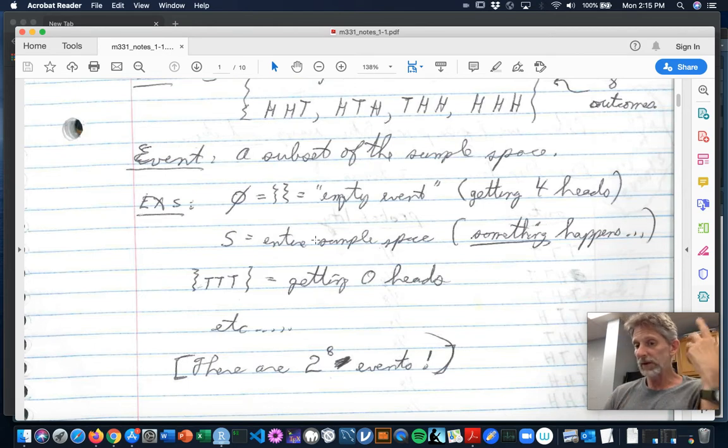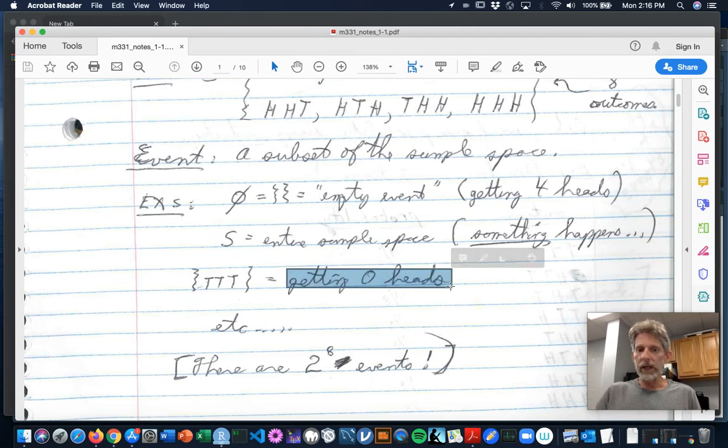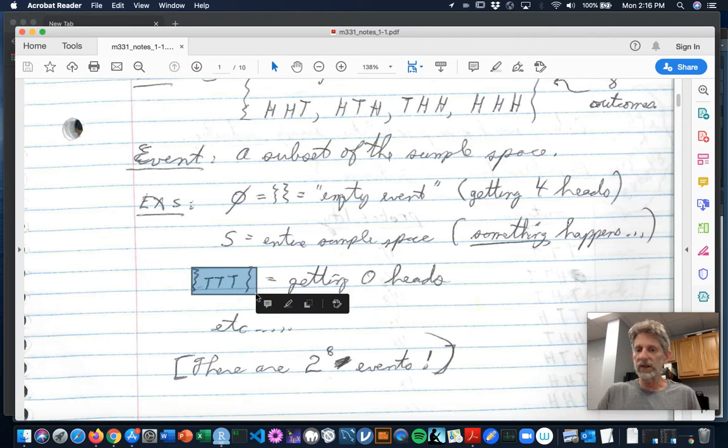So the sample space is a subset of the sample space. You can think of that as, well, something has to happen, so that's the event of anything happening at all. Here, what we intuitively think of as the event of getting 0 heads can be written more formally as the set whose only element is TTT. That would be a perfectly good event.